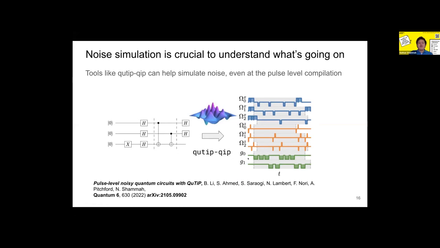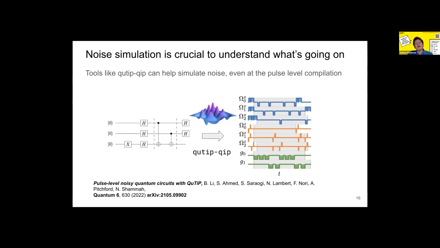And here on the left, you see this exemplification of a pulse level interaction with many couplings, for example, omega x0, so some x interaction acting on the qubit 0, on the qubit 1, on the qubit 2, and then some z interaction, and then here G1 and G0 refer to some qubit-qubit coupling.